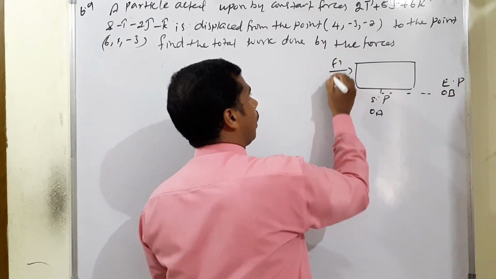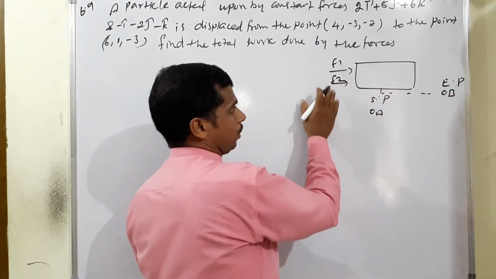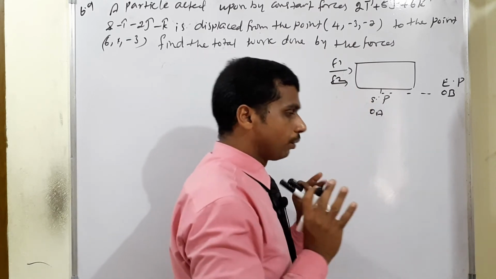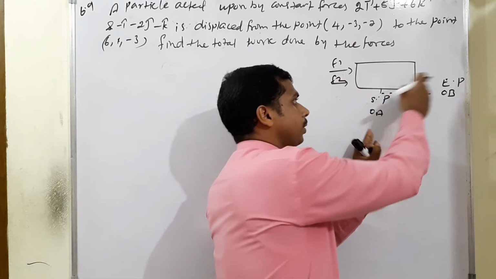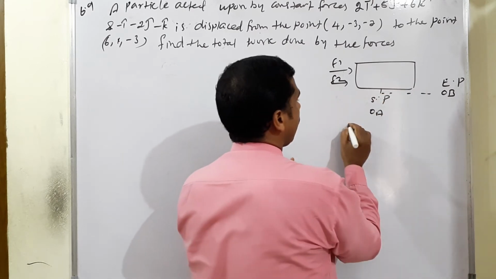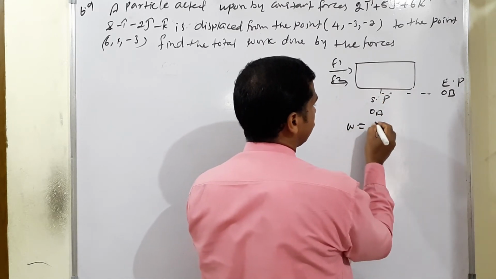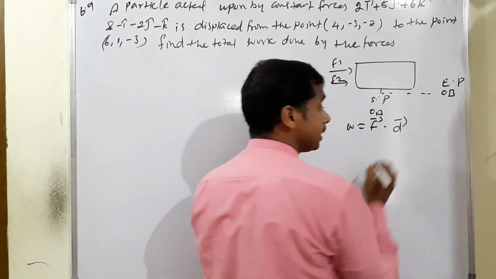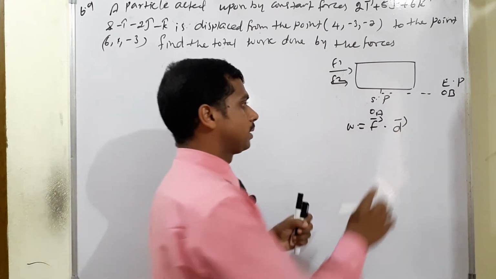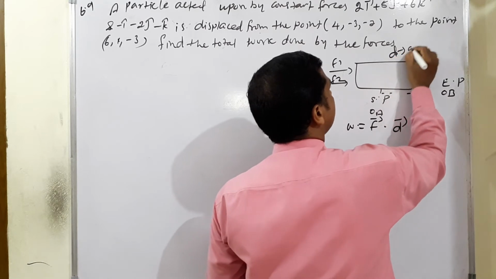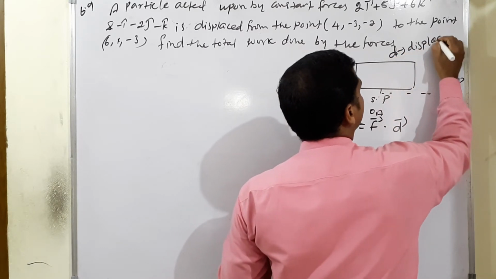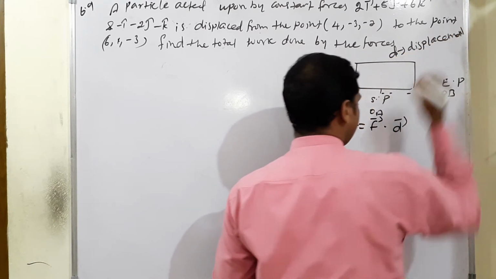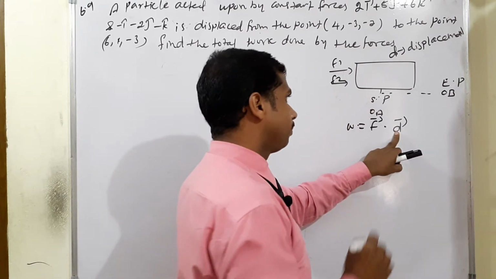The force 1 and force 2 act from the starting point to the finishing point. What will happen? The work done formula is equal to F, force, dot D. D is called displacement.